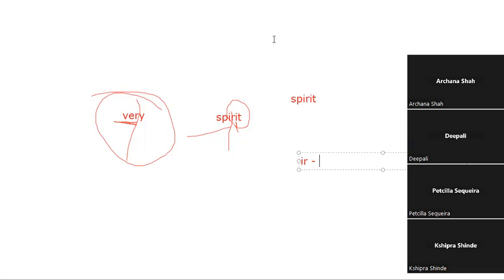Why? Because the syllable is being divided here. So actually it is not IR, because they are being split. When they are being split, then the bossy R effect goes. Okay.